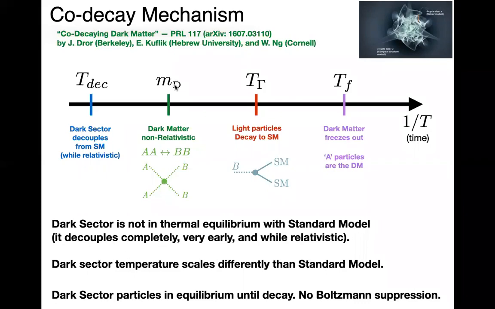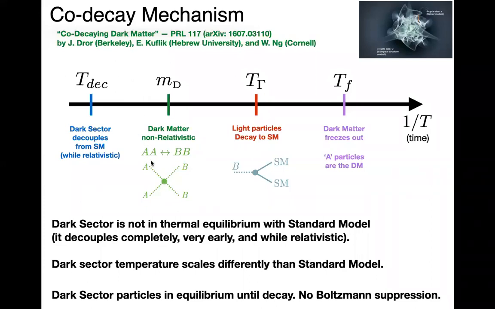So there's going to be two different temperatures, the temperature of the dark sector and the temperature of the standard model. And inside the dark sector, let's say you have two particles, A and B, and they're scattering with each other, which allows them to maintain equilibrium in their own sector.